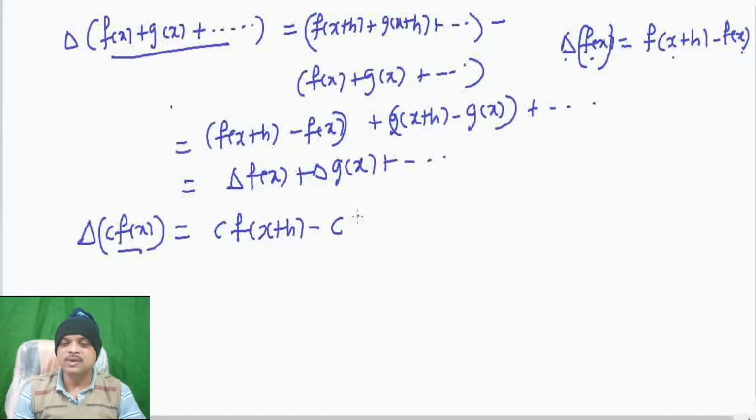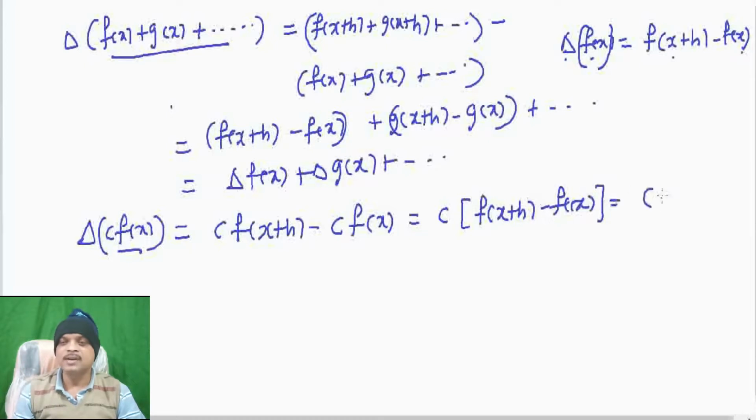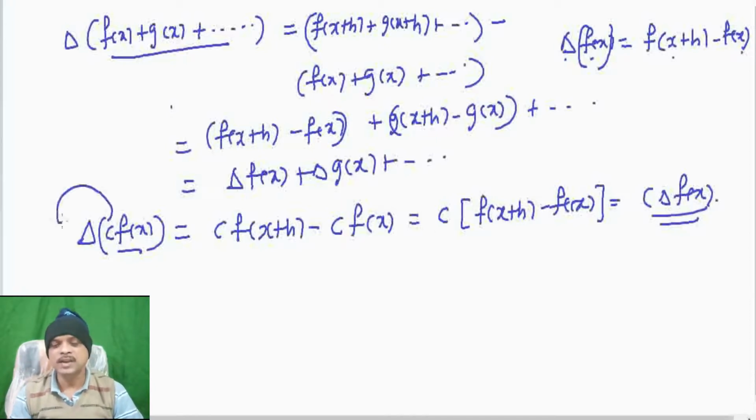So this is equal to c common, and we have f of x plus h minus f of x, and this is nothing but c into delta f of x. So friend, in this manner we can take this c as a constant, where c is a constant and there is no change. Likewise, when we operate the derivative function on a constant c into f of x, then c remains as it is. There is no change in the constant.